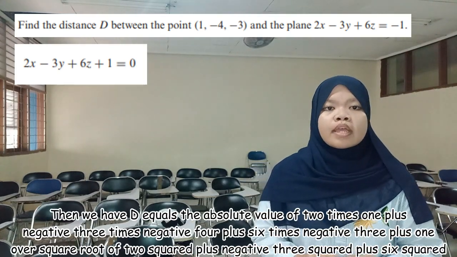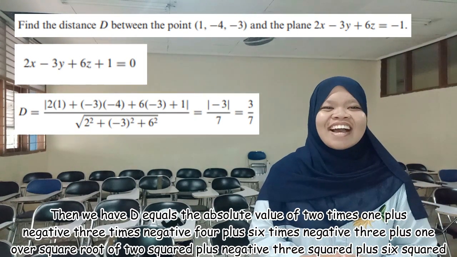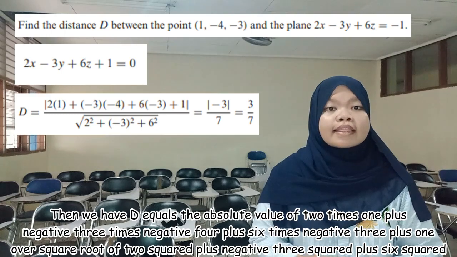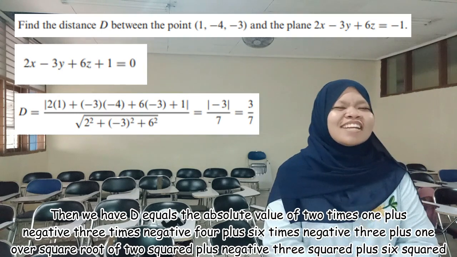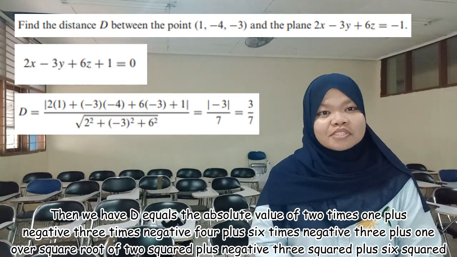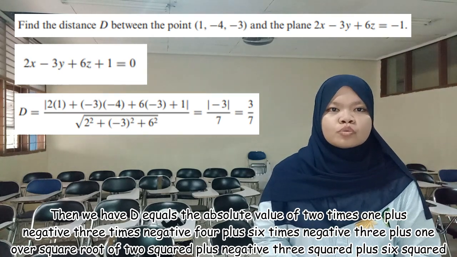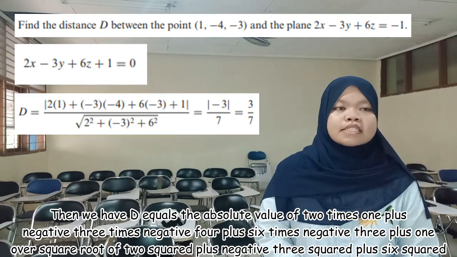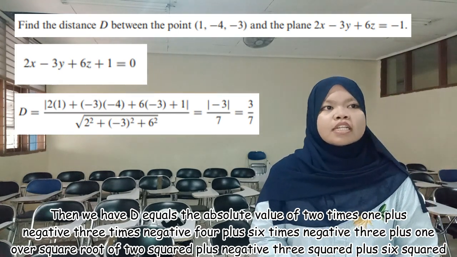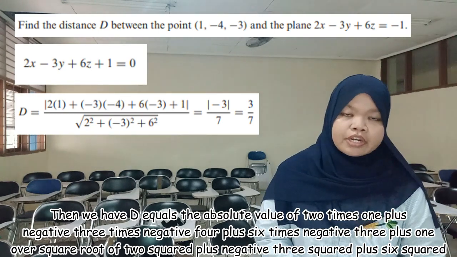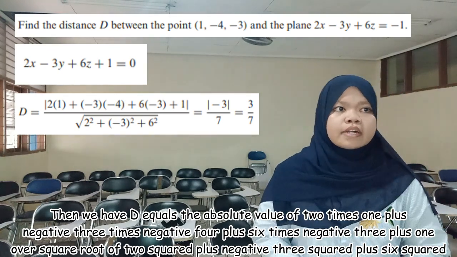And then we have d equals the absolute value of 2 times 1 plus negative 3 times negative 4 plus 6 times negative 3 plus 1 over the square root of 2 squared plus negative 3 squared plus 6 squared.